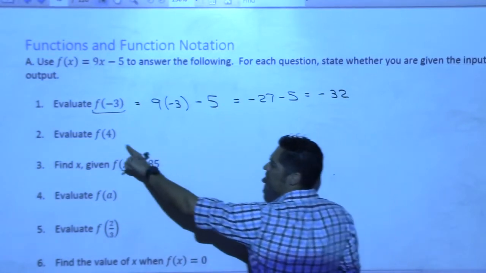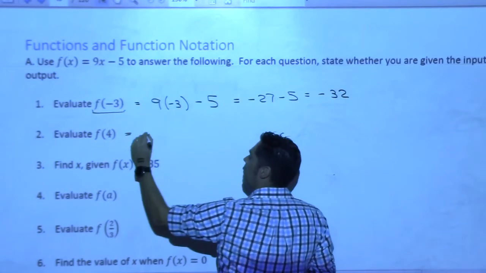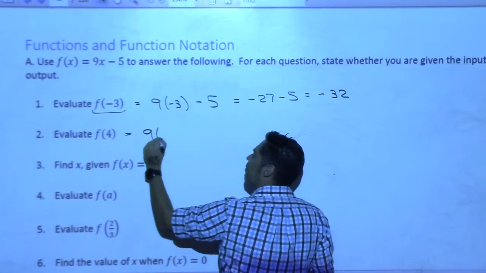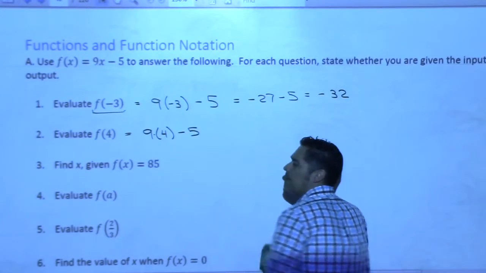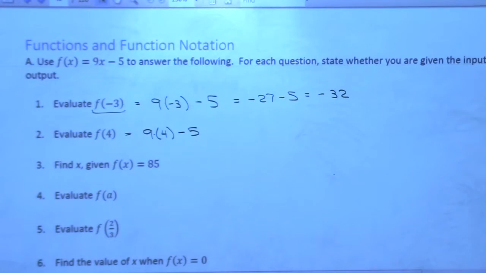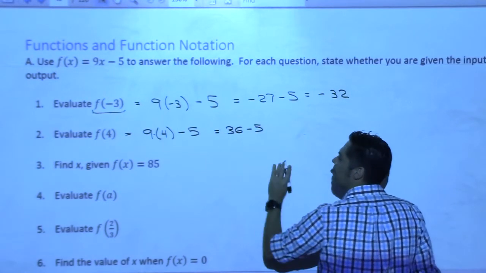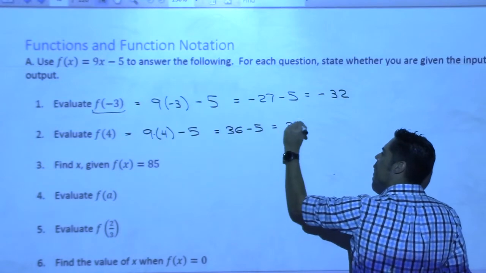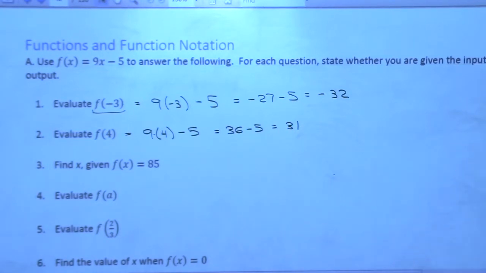Now, this is saying what happens when you plug in 4. So same thing, we rewrite that. We replace the x with 4, and then we subtract 5. And again, that's multiplication right there, so we always do that multiplication first. 9 times 4, 36. Minus 5, 31. This function, when you take 4 in, spits out 31.